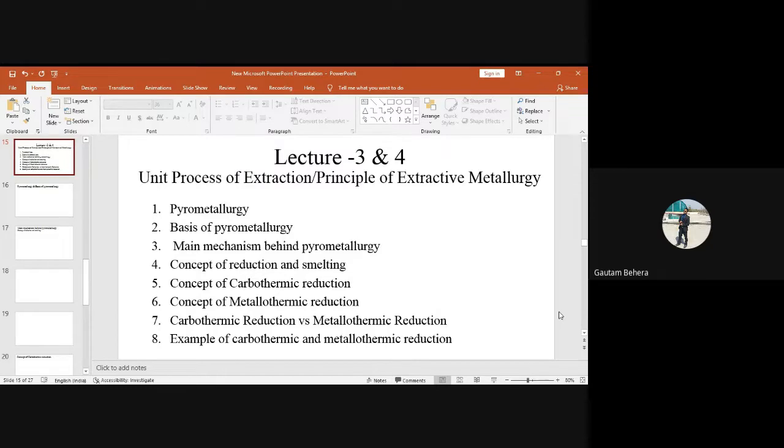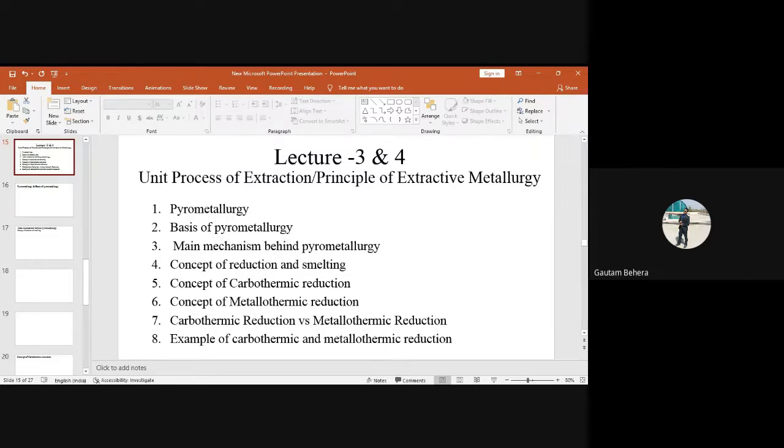The basis behind pyrometallurgy is the ore will be taken to elevated temperature where the ore becomes unstable, and once the ore becomes unstable, it will separate between two parts. One part is called metallic, one part is non-metallic. So if during pyrometallurgy the substances are in molten form, then we'll get molten metallic part and molten non-metallic part, right?